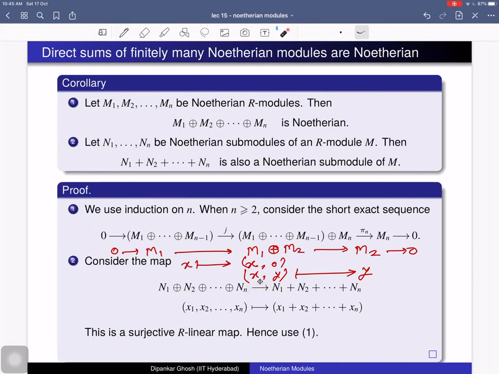Why? Because any element in this usual sum looks like this.